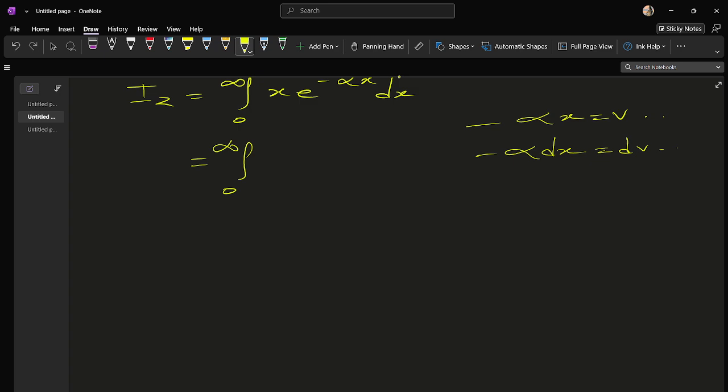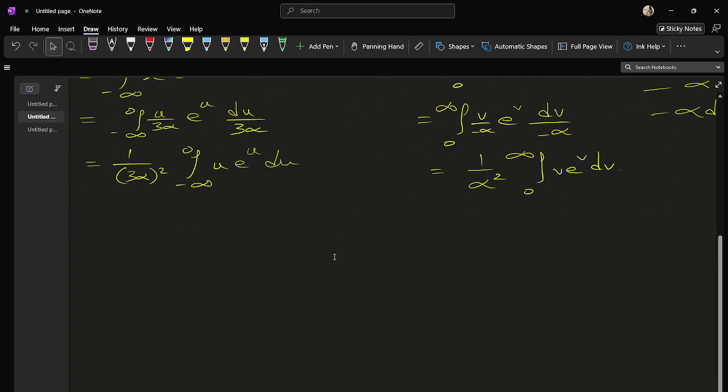So my integral will become v by minus alpha, e to the power v, and dv by minus alpha. So that is 1 by alpha square times the integral from 0 to infinity of v e to the power v dv.